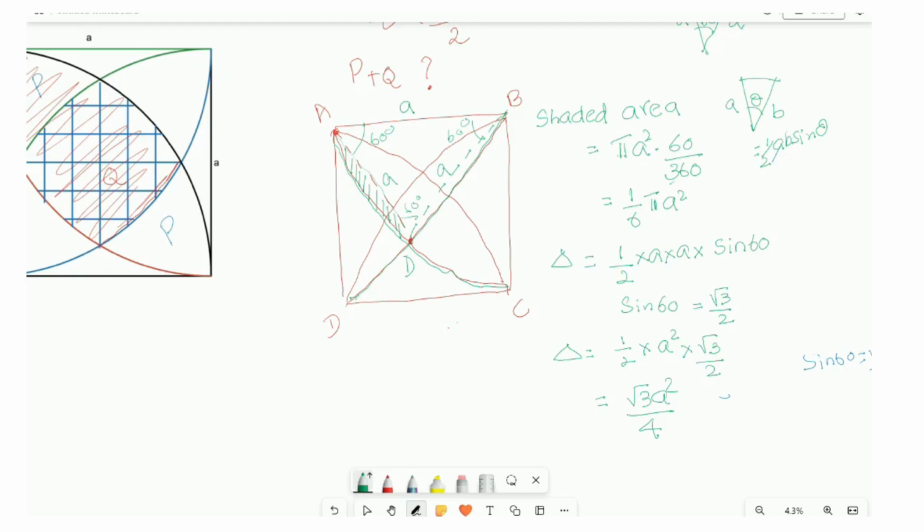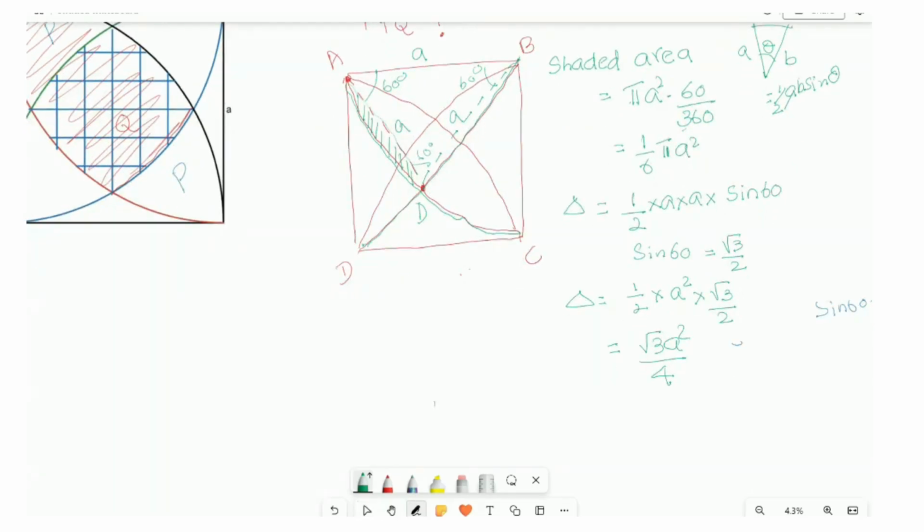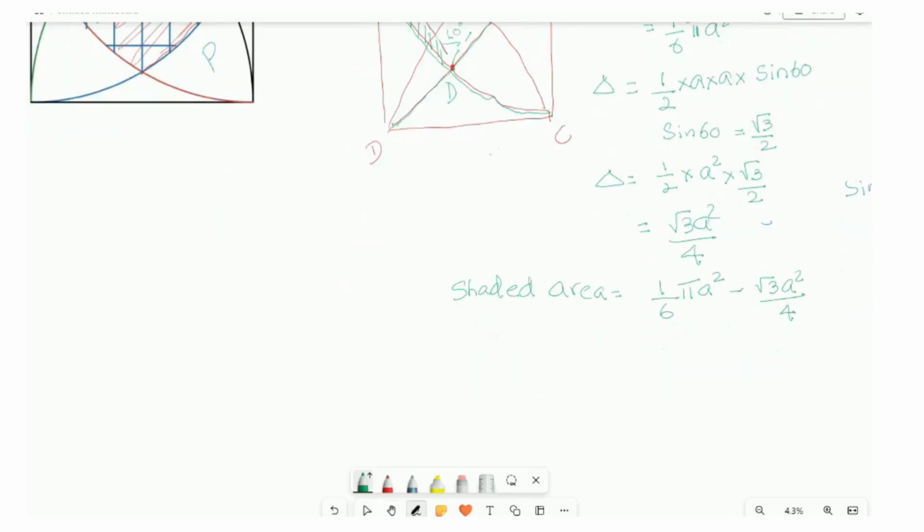Now, therefore, the shaded area is the sector area minus the triangle area, which is 1/6 πa² minus √3 a²/4.